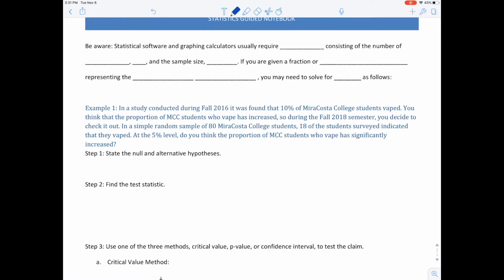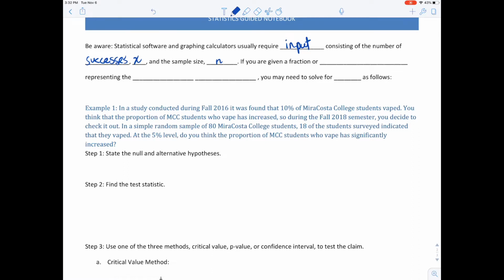Now, be aware that statistical software and graphing calculators usually require input consisting of the number of successes x and the sample size n.